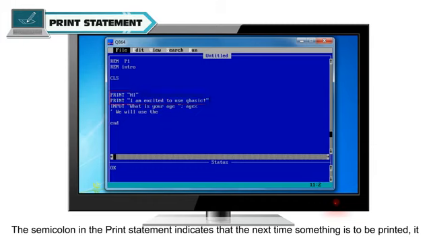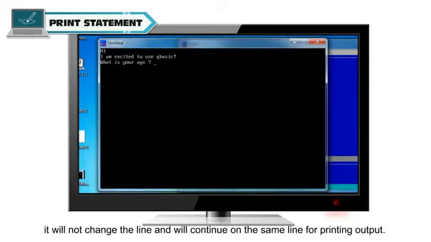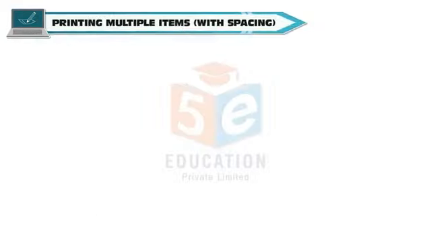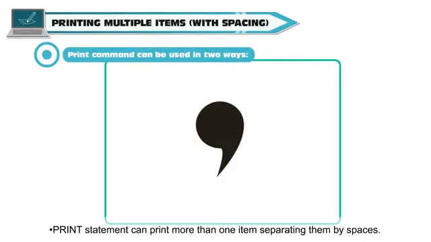The semicolon in the PRINT statement indicates that the next time something is to be printed, it will be printed at the position of the last print output. That is, it will not change the line and will continue on the same line for printing output. PRINT command can be used in two ways. PRINT statement can print more than one item, separating them by spaces.